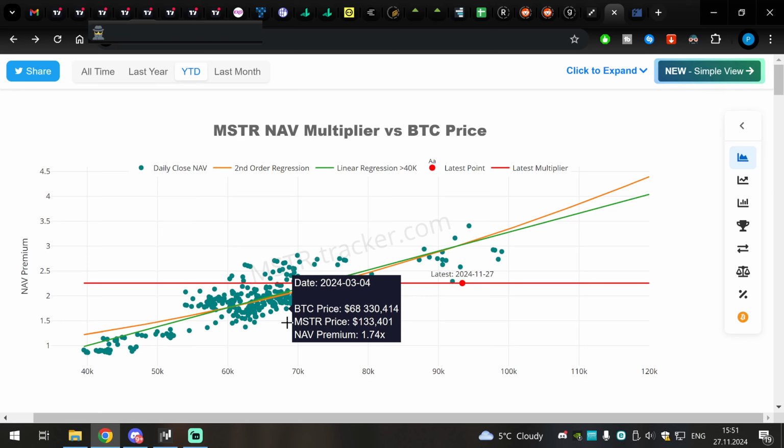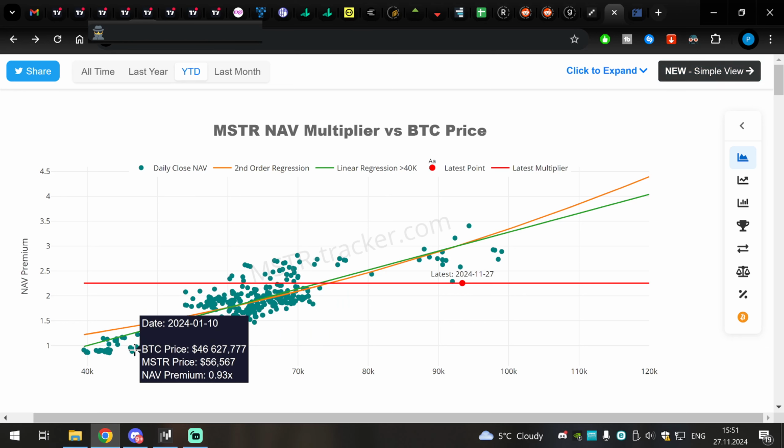I think MicroStrategy is always going to have a premium because it's like Bitcoin on leverage, but you want to look for something like 2 and lower for that premium. It was even lower here. Look at that. The beginning of 2024 was the last time MicroStrategy had a proper value relative to Bitcoin.